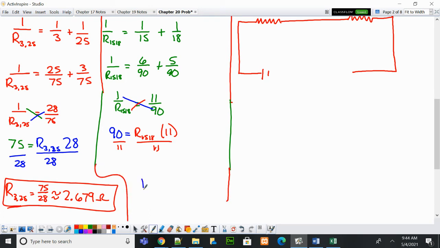And I get my equivalent resistance is equal to 90 over 11, which is about 8 and 1800ths repeating. So then I can draw up here.